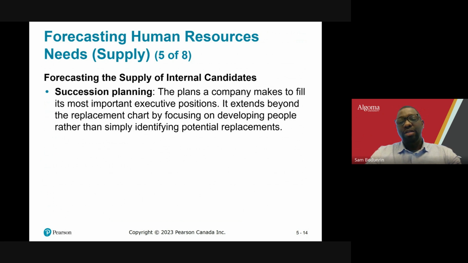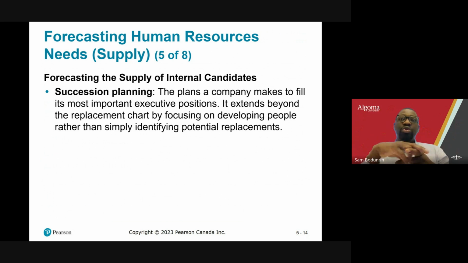Now, succession planning is another way of forecasting the supply of labor. It's a strategic way of positioning an understudy under a manager or in crucial positions, where they understudy the person until the manager is promoted or leaves the organization. So by the time they're leaving or promoted, there's a ready-made person or a couple of people around them who have been understudying them and are ready to move into that role or position.